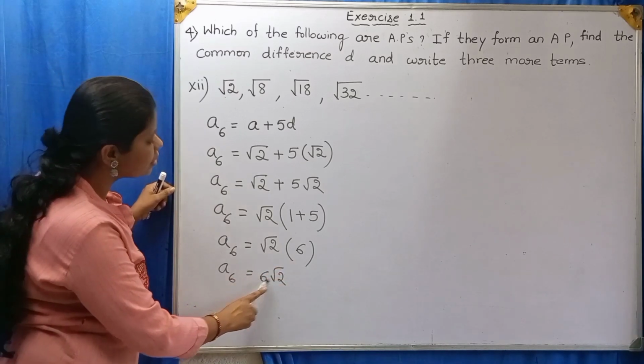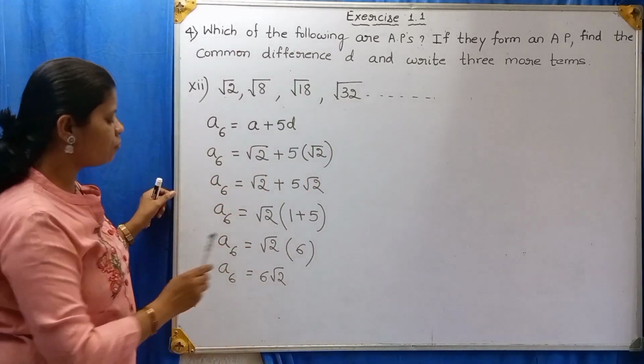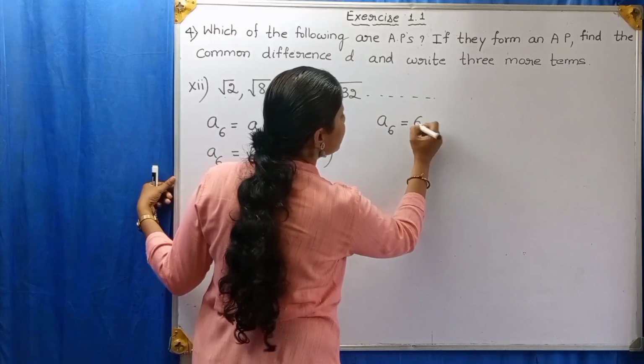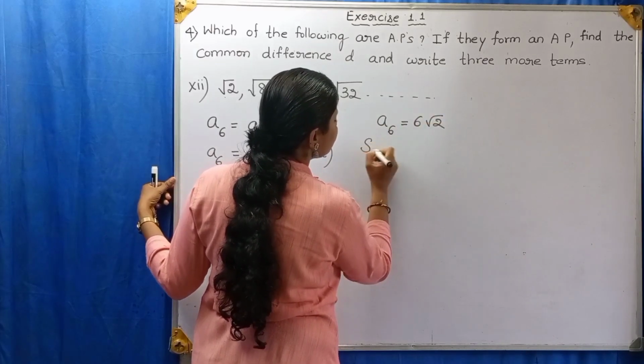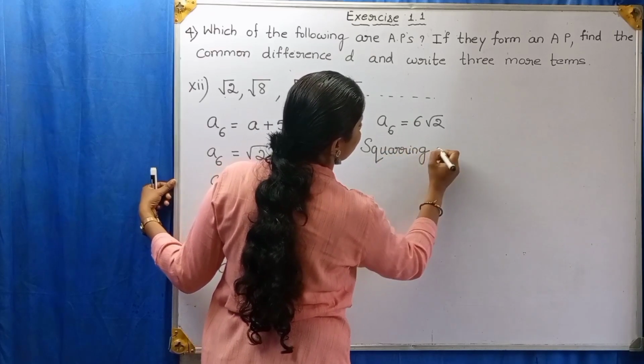a6 is 6 into root 2, but we want this form, right? Therefore, a6 is equal to 6 into root 2. Do the squaring on both the sides.